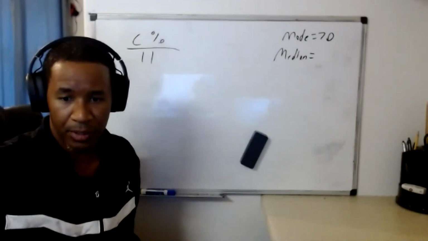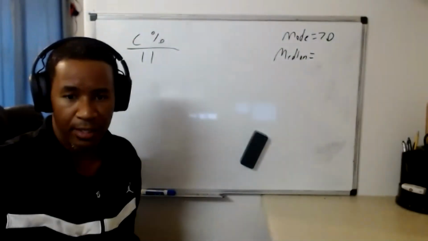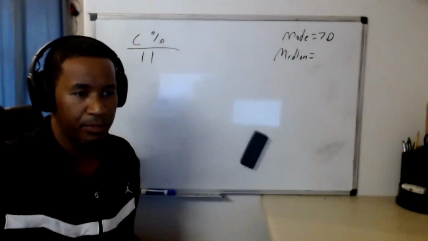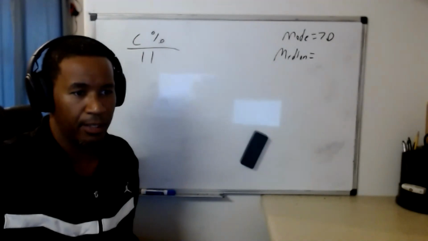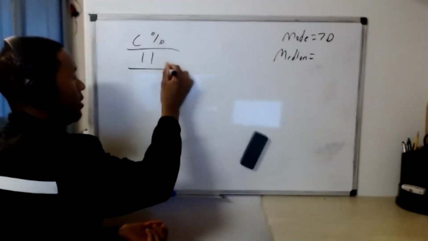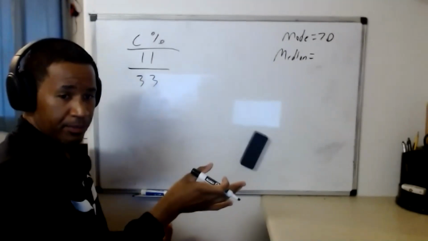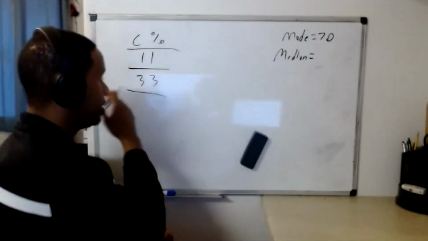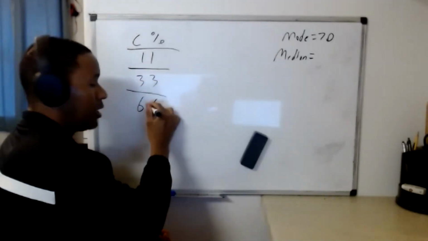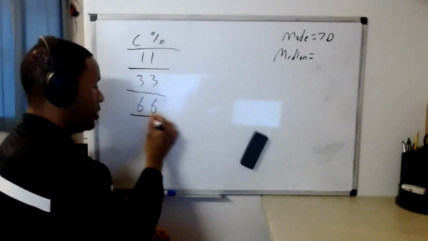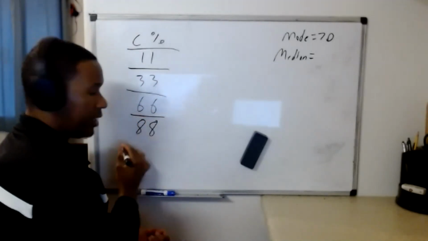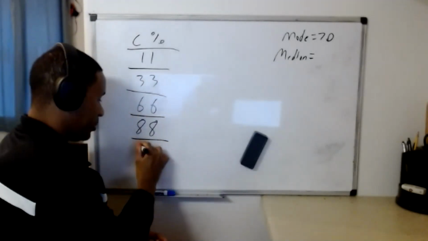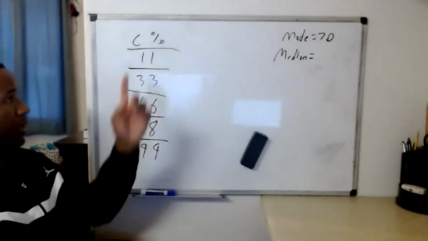So since the next category is 22%, I'm going to add 11 to the 22, and 11 plus 22 gives me 33, okay? Now that we have that 33, we're going to add that 33 to the next percentage, which is again 33, so it gives us 66%. Add that to the next percentage, which is 22, which gives us 88. Then add that to the last percentage, which is 11, which is approximately 100%, so 99%, small rounding errors. And we have a cumulative percentage.